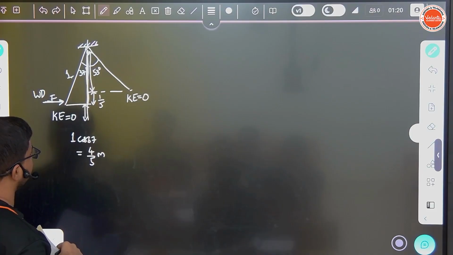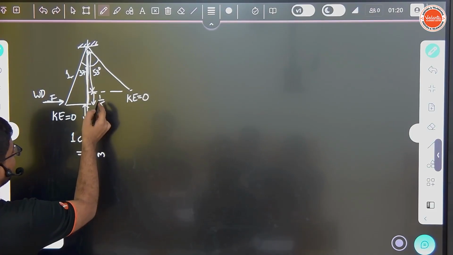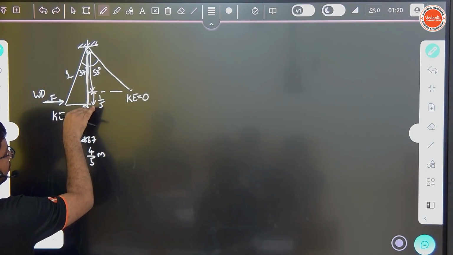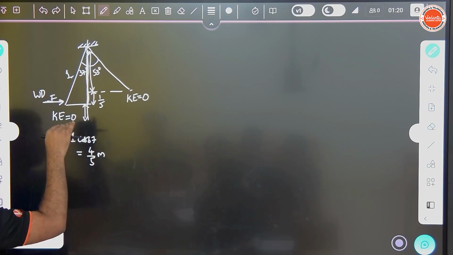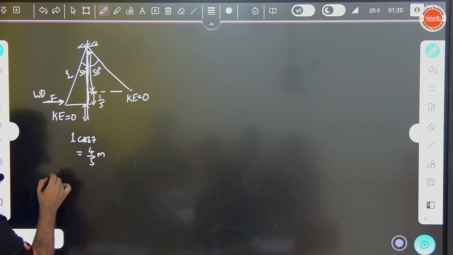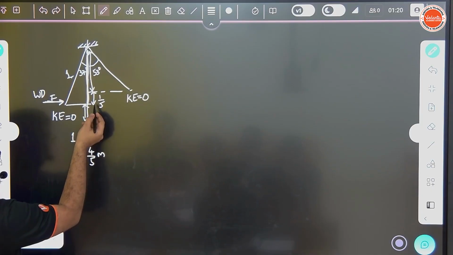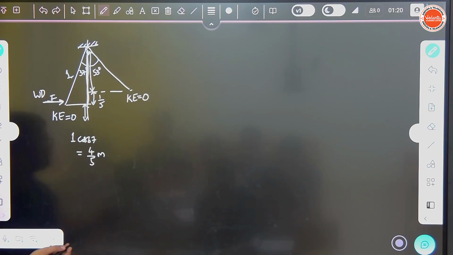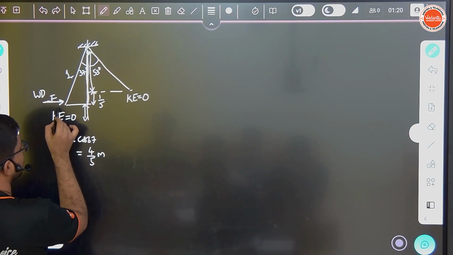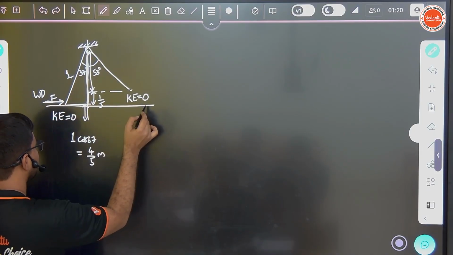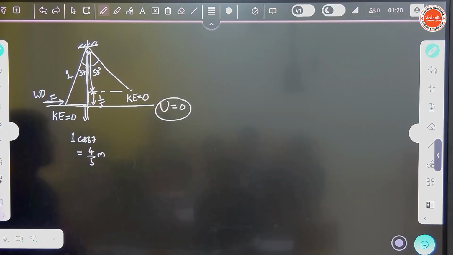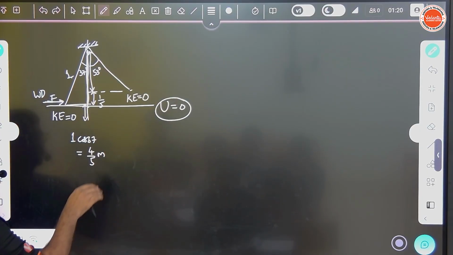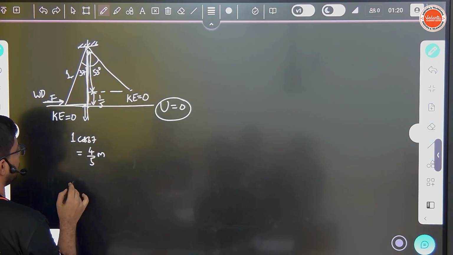So if this is 1 by 5, then the level of the person has increased over here, which means the gravitational potential energy is going to increase. You have to define the reference, so I'm going to define this initial level itself as the reference for the potential energy. Clear? So his potential energy has actually increased.